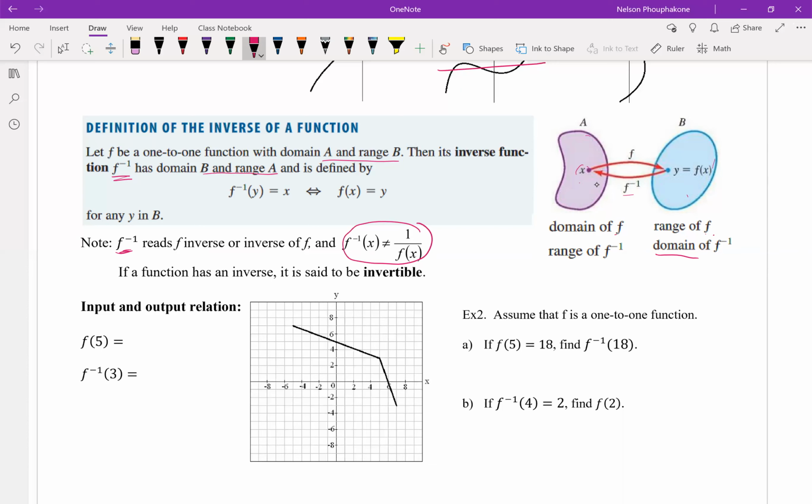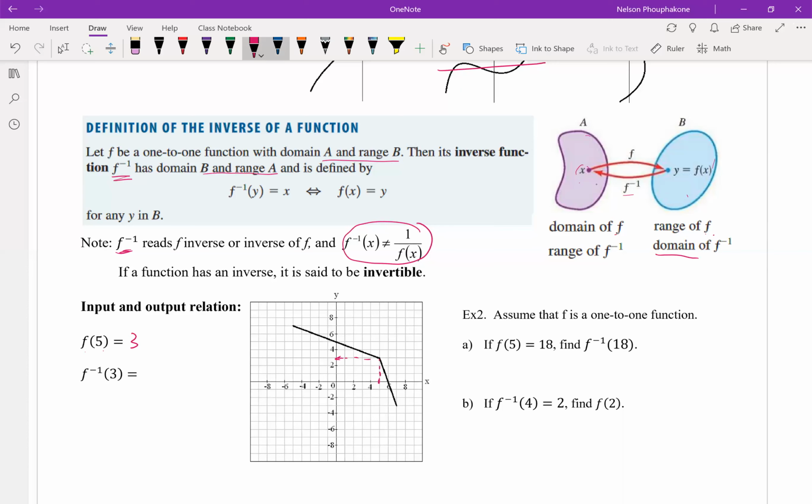Now let's see how we work with the notations. If we have f of 5, the input is 5. By the way, you notice that this function f right here is a one-to-one function. When the input is 5, we can trace it and see that the output is 3.